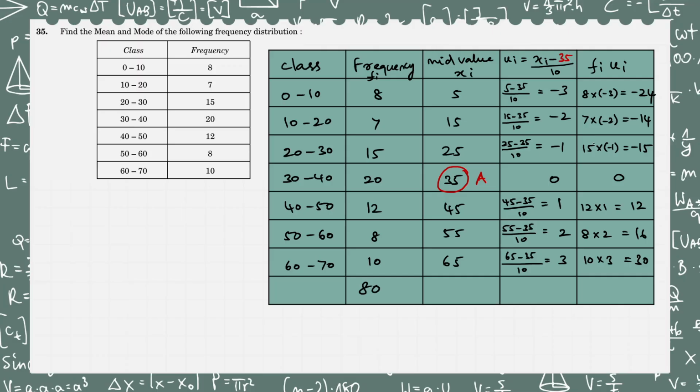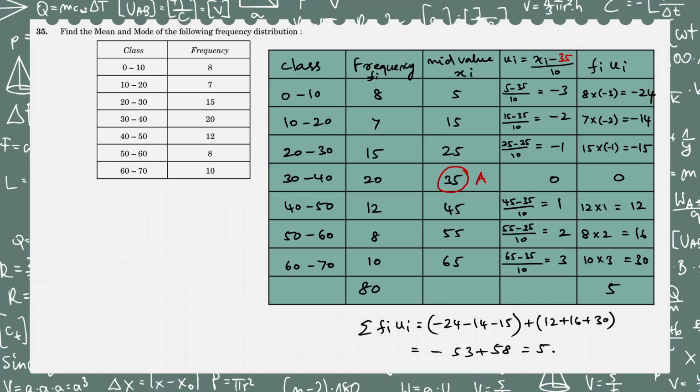And let us add all the fi ui values. A few of the values are negative and a few are positive, right? So for sigma fi ui, we add the negative values separately and positive values separately. This gives us minus 53 plus 58, whose total is 5. So this total is 5.